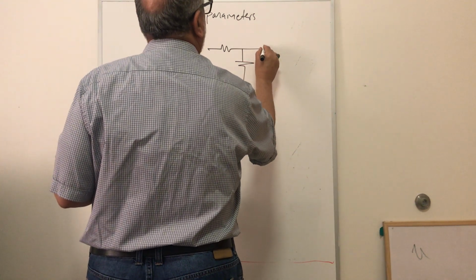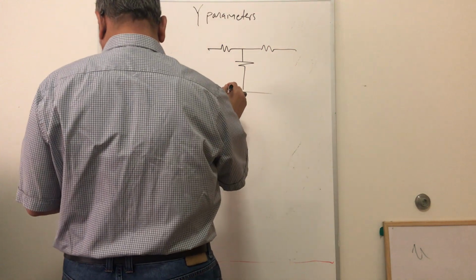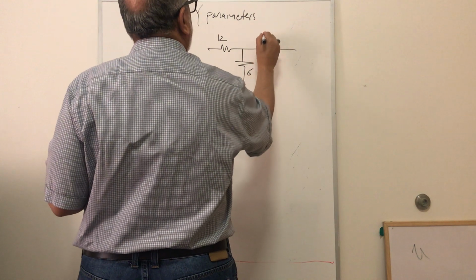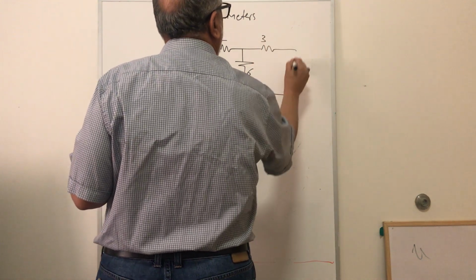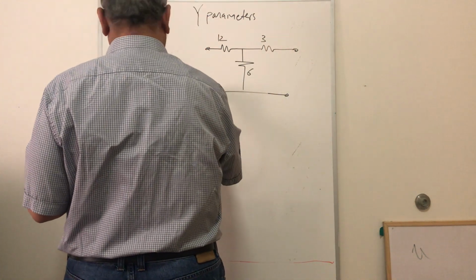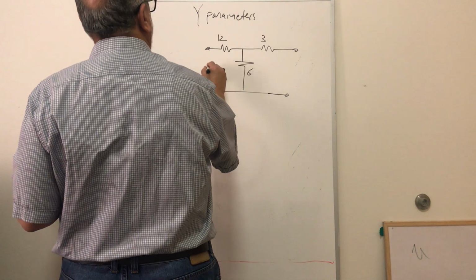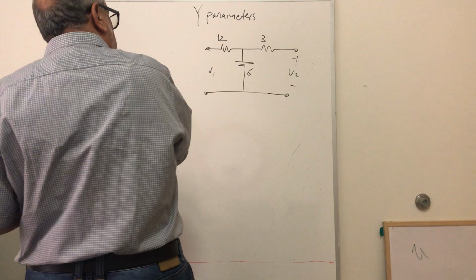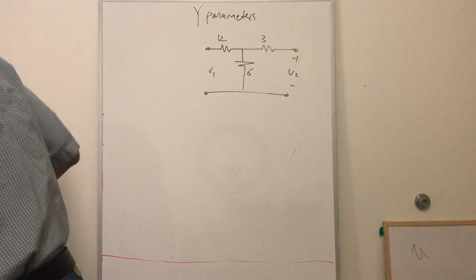This 12 ohms, 6 ohms, 3 ohms, right? Now this is our port V1, this is V2 here, right? And we want to find the parameters now, okay?